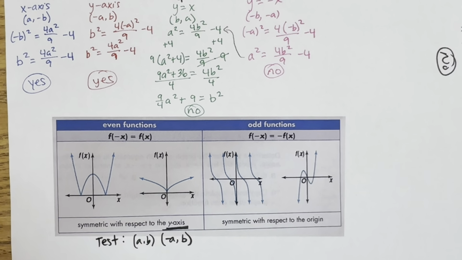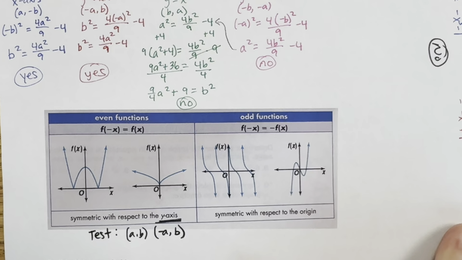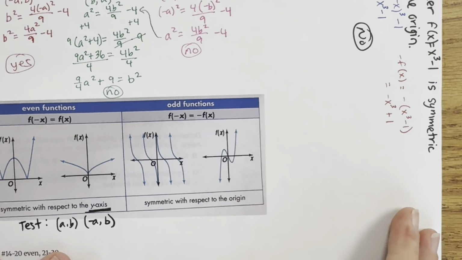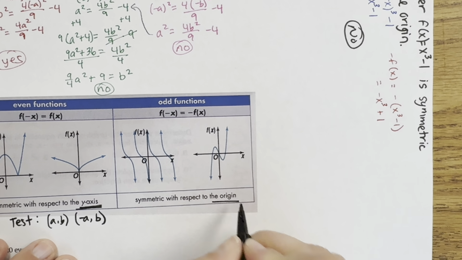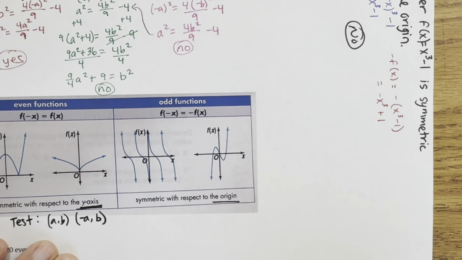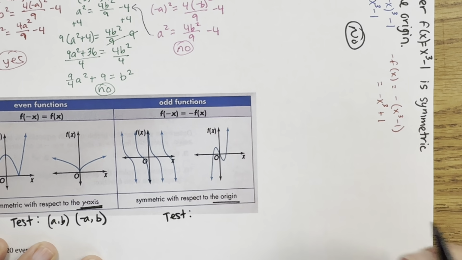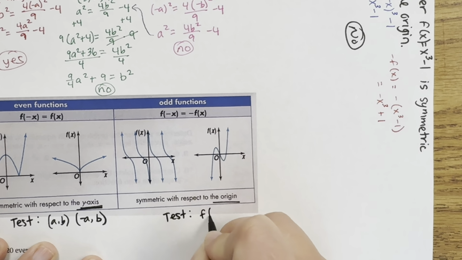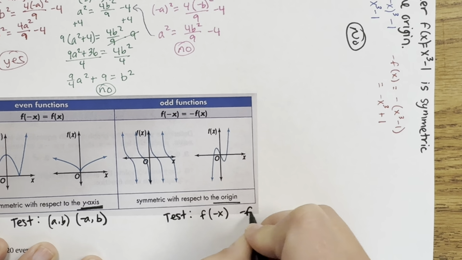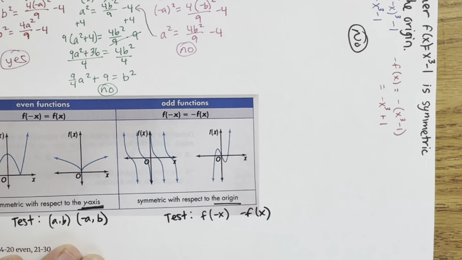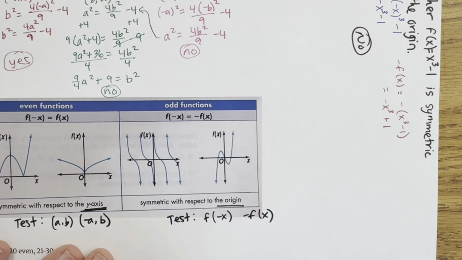Okay, that is my test for if it's an even function. And then my test for an odd function is this one here, with respect to the origin, which is that one we just did. So my test for if it is an odd function is f of negative x and negative f of x. So those would be our two tests to see whether we have an even or an odd function.